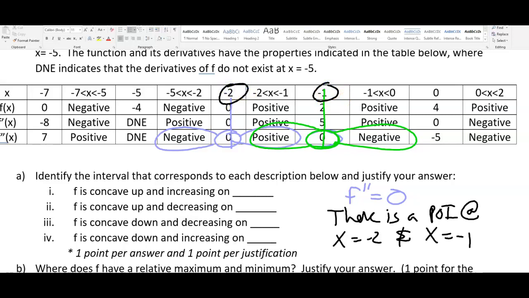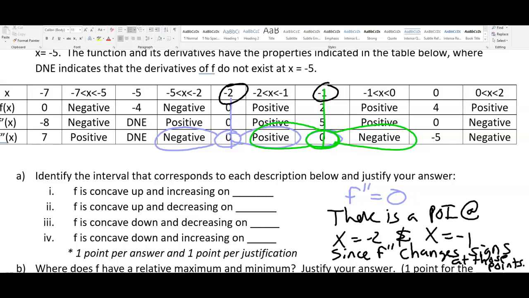Then the explanation would be, and it's a little bit simpler, like I said, than the first derivative: since f double prime changes signs at those points. And that's good enough. There's no need to specify going from positive to negative or negative to positive, because it doesn't matter. All that matters is that it did in fact change. Okay? So there we go.